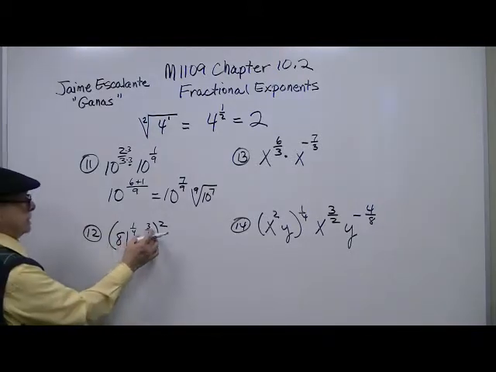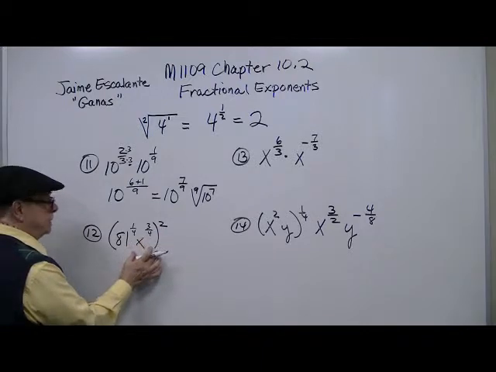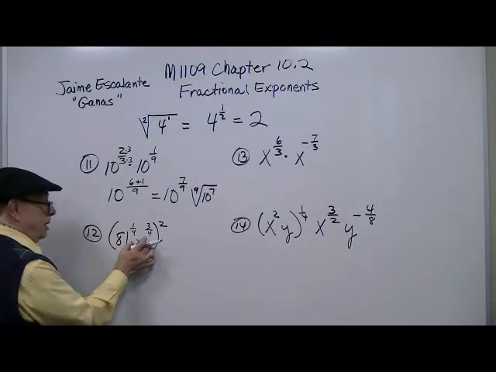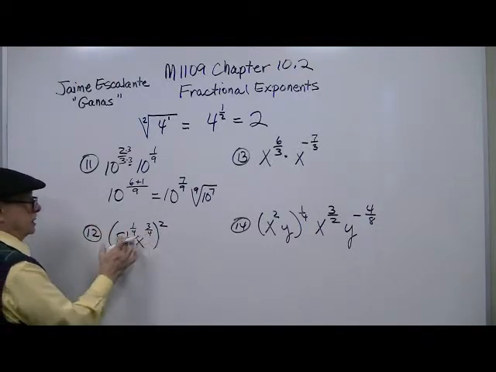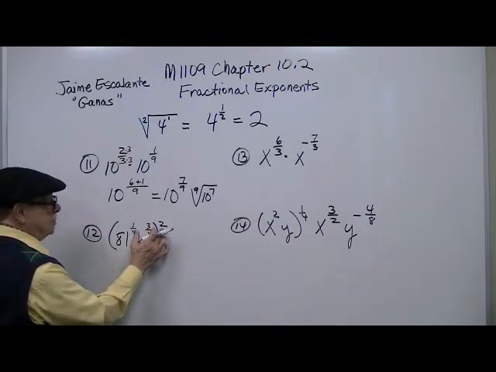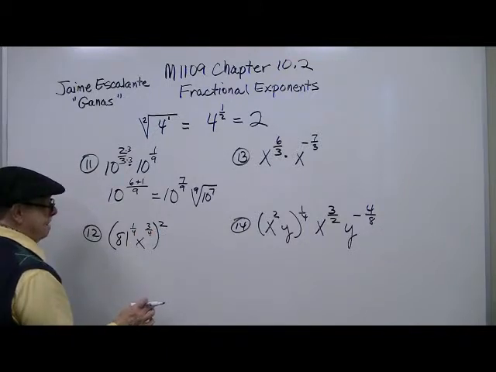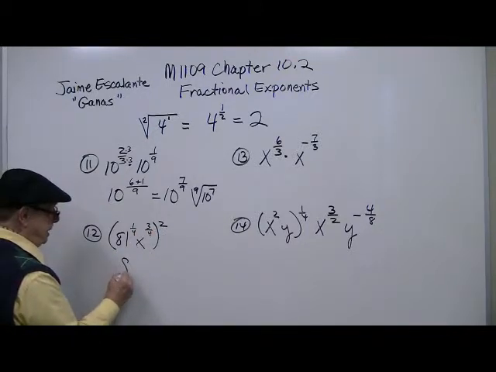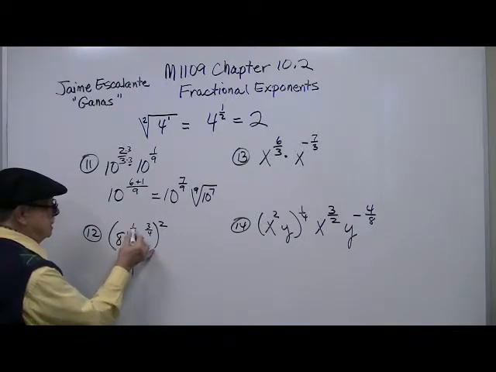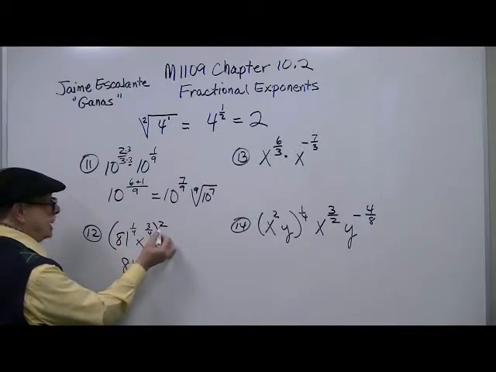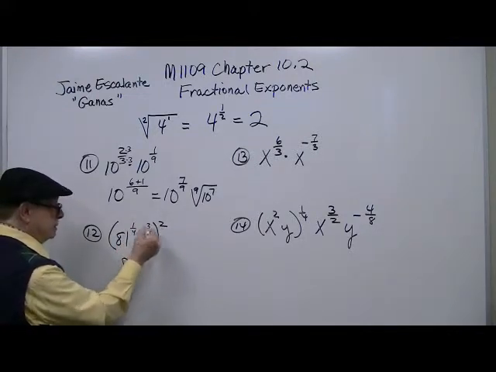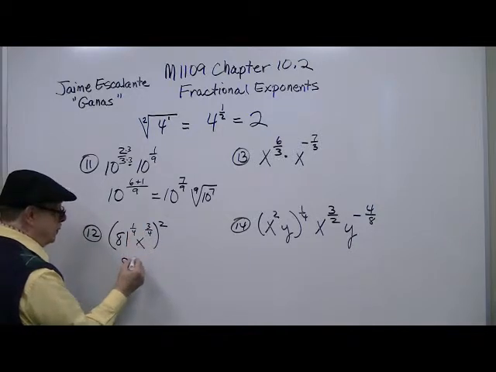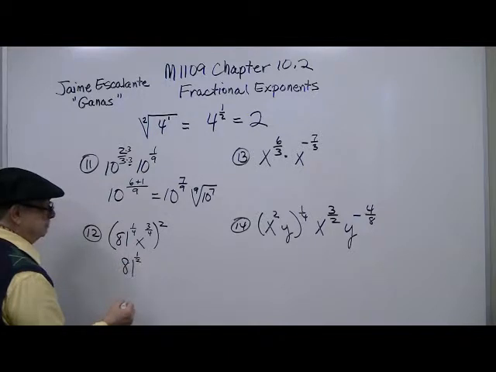All right, here we're going to do something a little different because now we're raising powers to a power. So in this case, when it's outside of the parenthesis, we have to multiply. So this is going to be 81 to the 1/4 times 2, which gives you, this will cancel a little bit if you want, 2 over 4, which is 1/2.